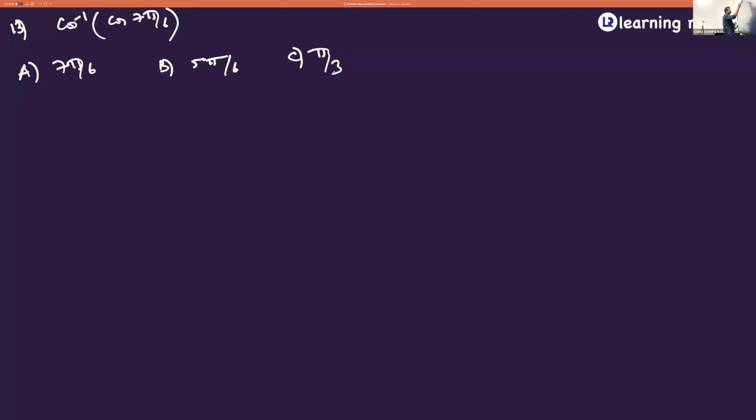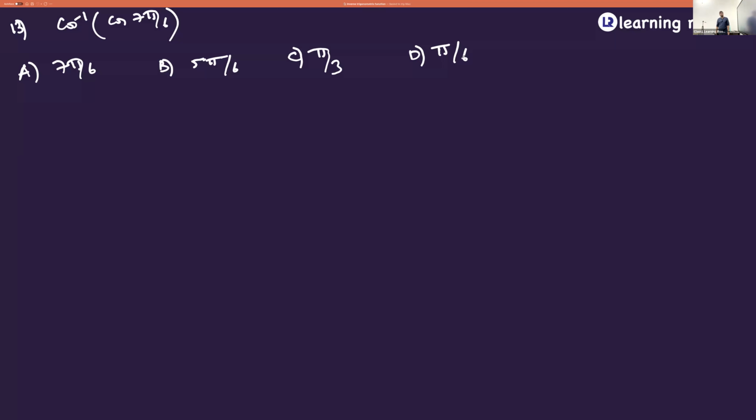So look at the 13th problem. Cos inverse of cos 7 pi by 6. The options given are 7 pi by 6, 5 pi by 6, pi by 3, or pi by 6.